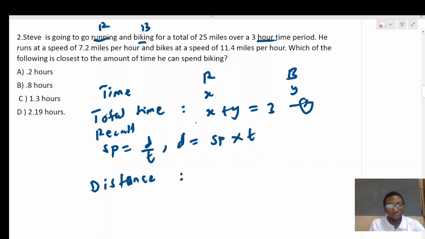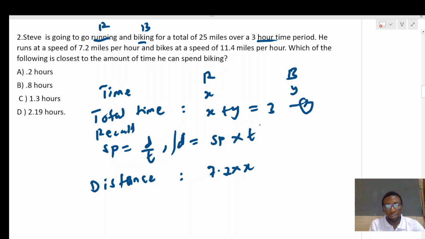So the distance for running: what is the speed for running? 7.2 times x. 7.2 is the speed for running, and the time for running is actually x. Okay. What is the distance for biking?